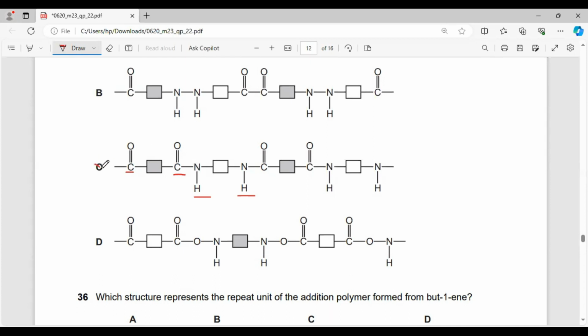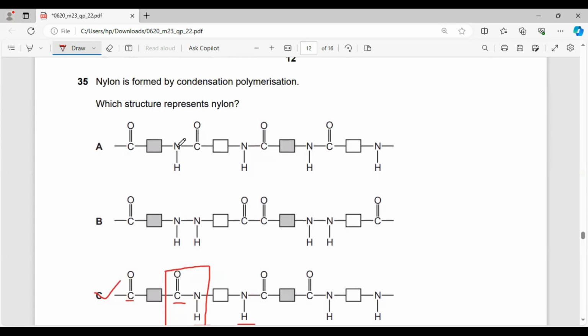So this is the correct structure of nylon. This is known as amide linkage. In option A also, it was having the same type of linkage, which is NHC double bond O, but the functional groups present on both the endings of this box are totally different, because of which A is not the correct answer.